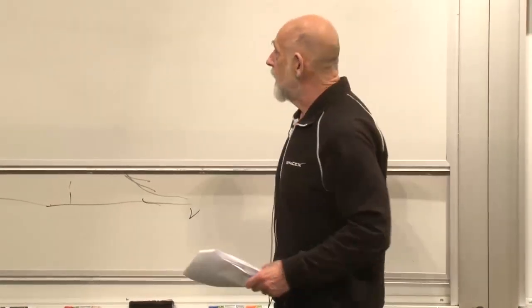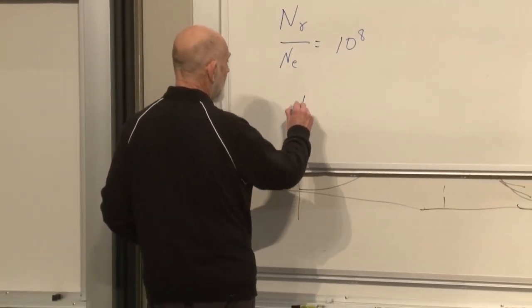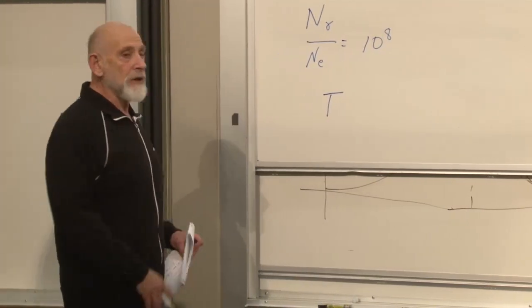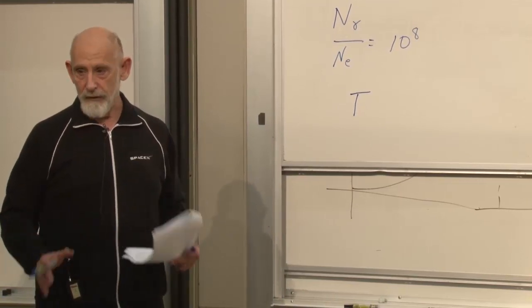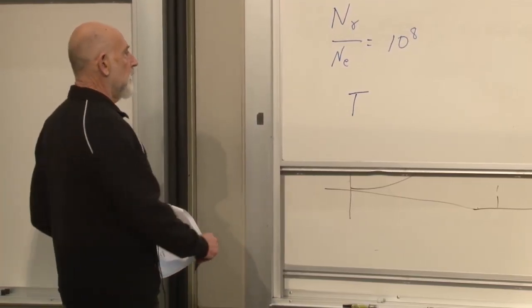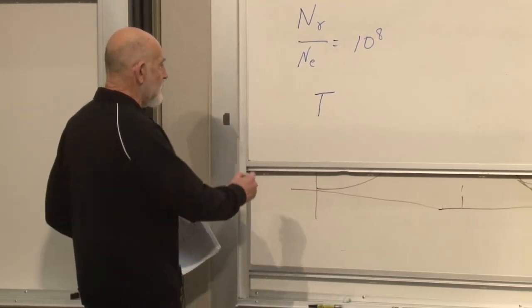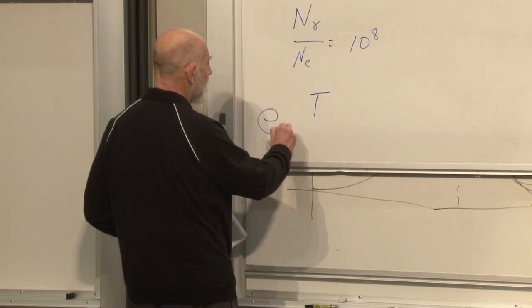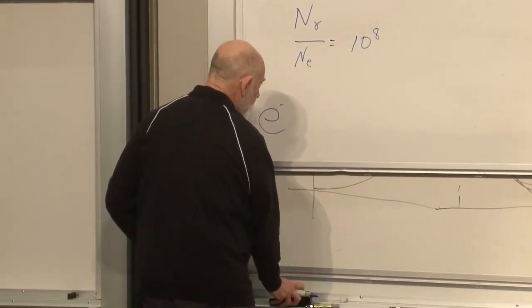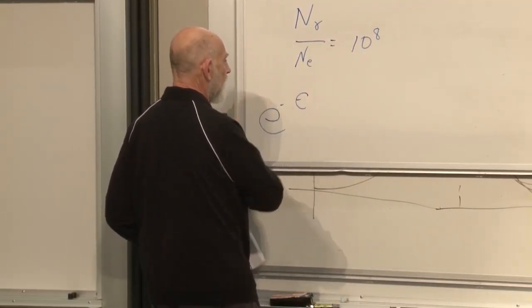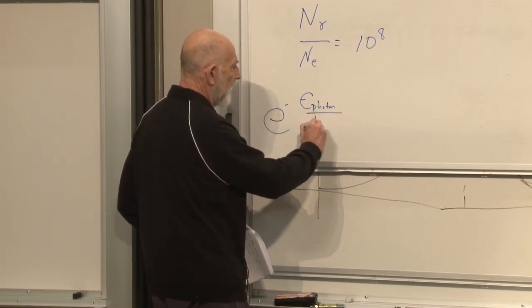Now, let's suppose that the temperature was just called T. Let's take the temperature T. What is the probability that a photon has a given energy? And the answer is, at a temperature T, the probability for photons to have different energies is of the form e to the minus the energy of the photon, let's call it epsilon, divided by kT.